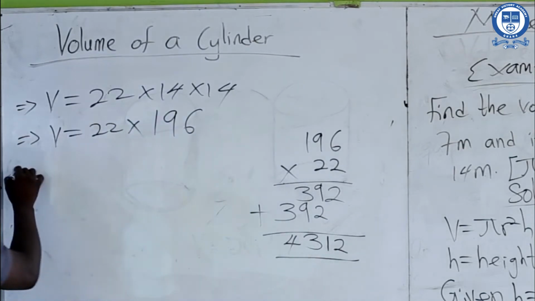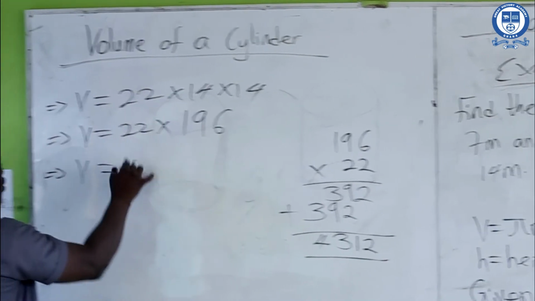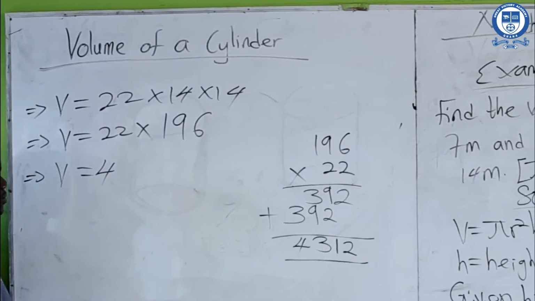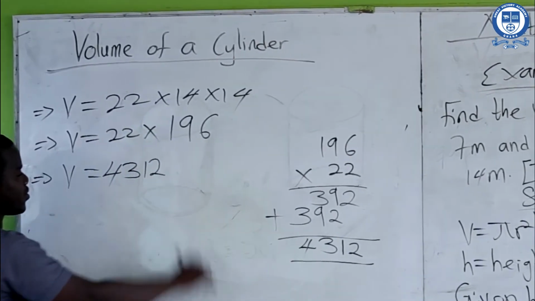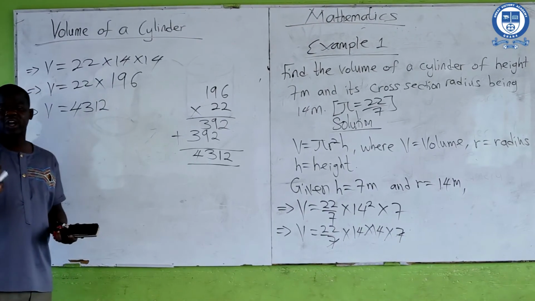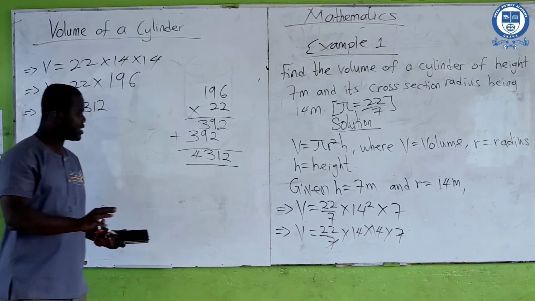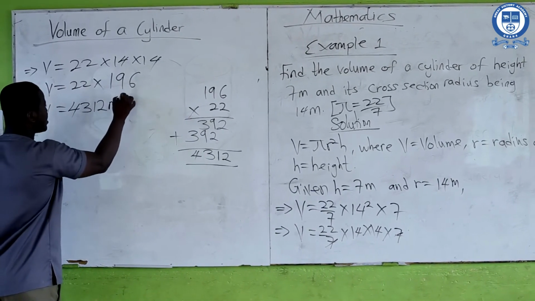Thus, our volume is simply going to be equal to 4,312. Don't forget that volume is a measure of a 3-dimensional space. So the unit is going to be in meters cube.